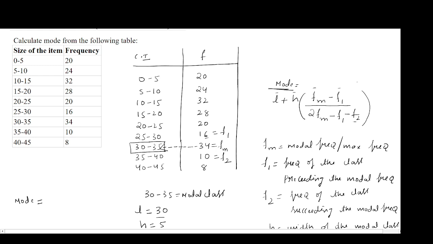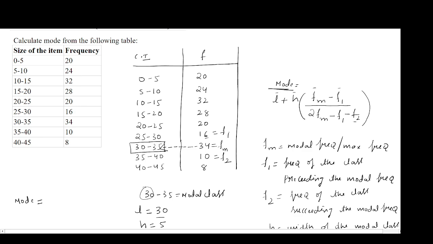You have to, after writing the formula, identify from the frequency table which is maximum frequency. So in our case 34 is the maximum frequency. I have written Fm here, and the corresponding value of the class interval gives you the modal class. So the maximum frequency corresponding class interval is 30 to 35. From this lower limit is 30 and H is width of the modal class, that is 35 minus 30 is 5.